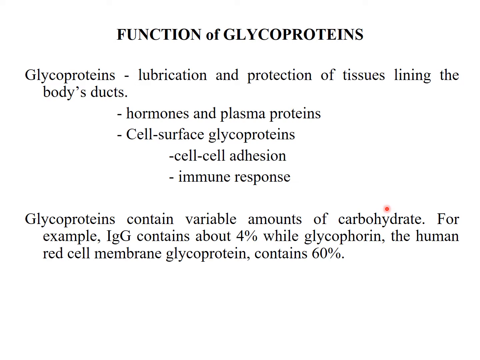Now, how much carbohydrate is on the surface of the protein is variable. For example, IgG, which is also modified with simple sugars, contains about 4% of its weight as carbohydrate, and glycophorin, a cell membrane glycoprotein, contains as much as 60% of its weight in carbohydrates.